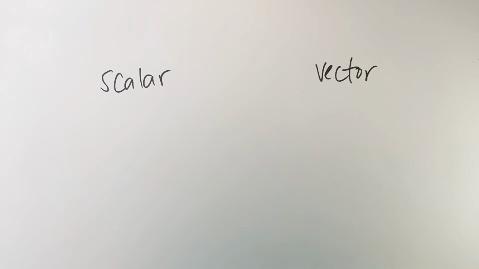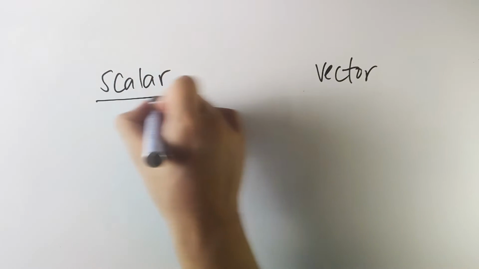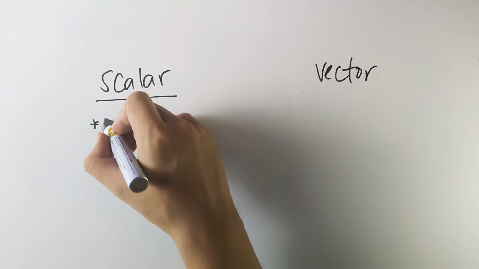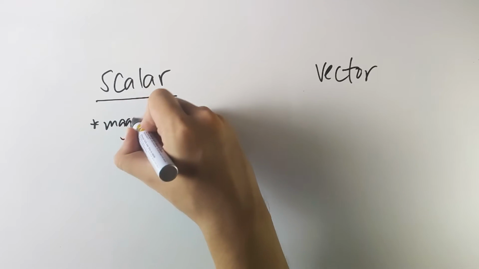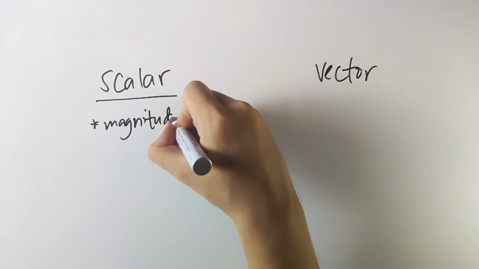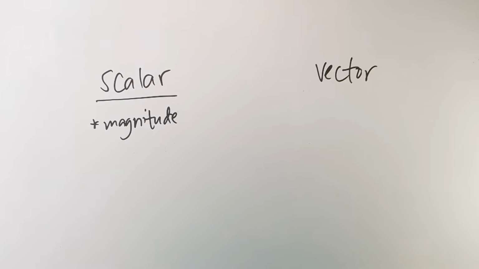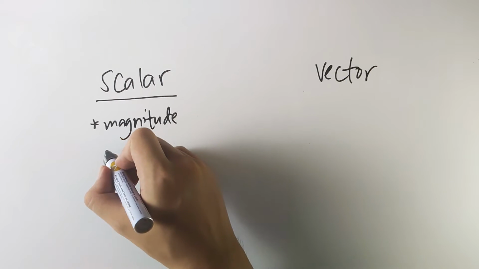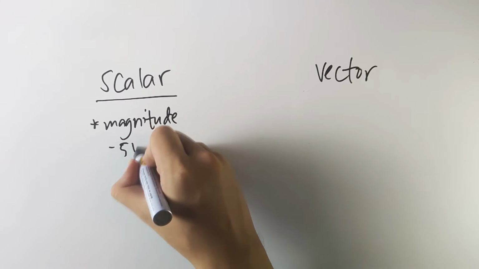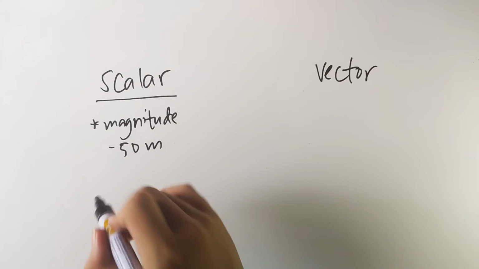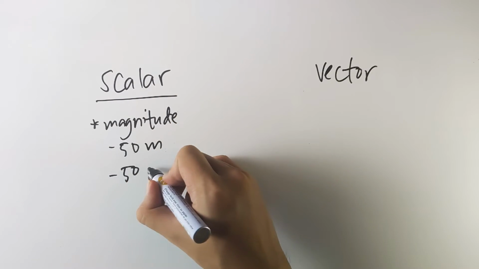When we say scalar, it only tackles the magnitude, or just the measurement. For example, you walk, let's say, 50 meters, or you weigh, let's say, 50 kilograms.